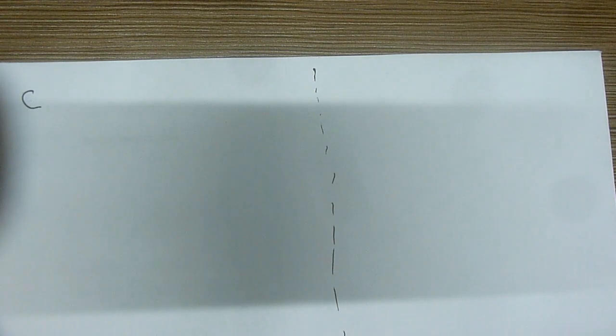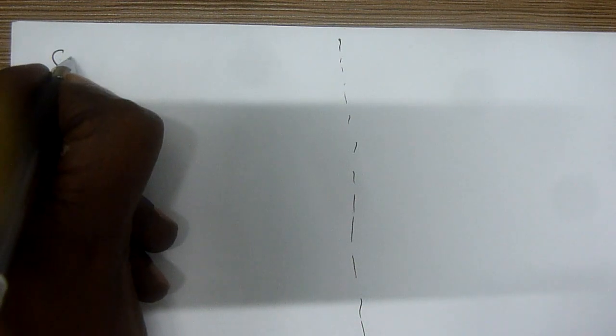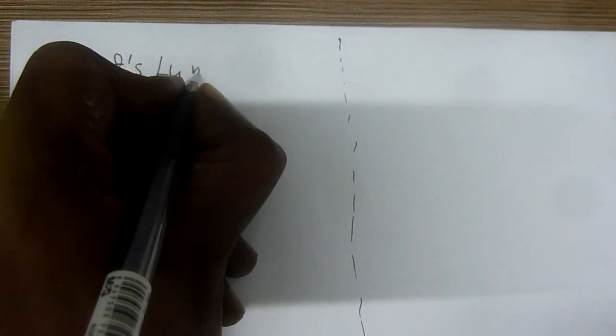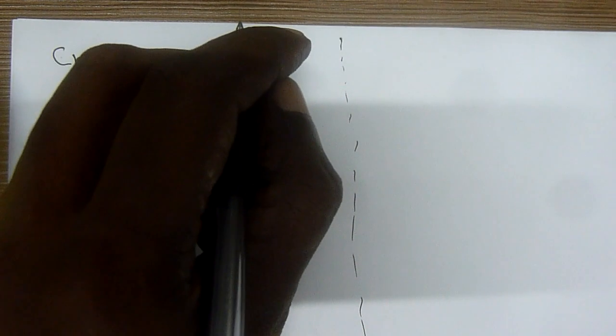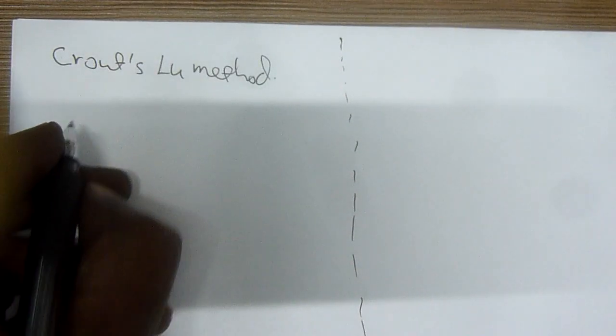Can you see the Crout's LU method? I'm not solving, but I'm just showing how to split, how to separate this.